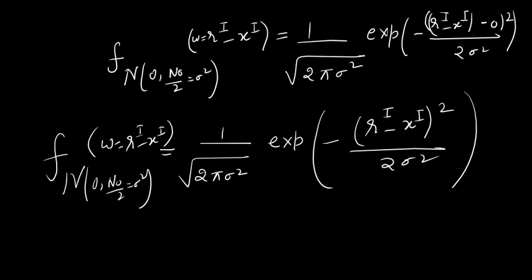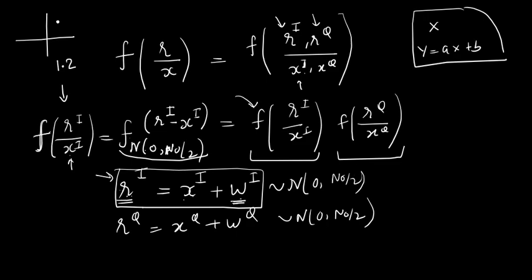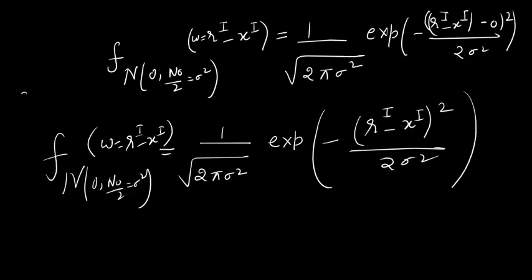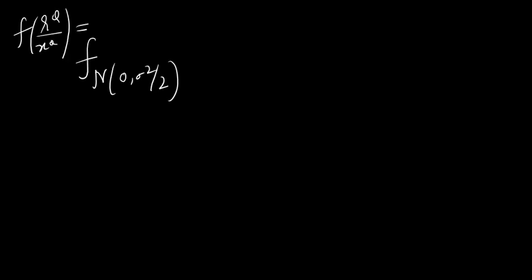As I told you, the PDF of R given xi is the same as the PDF of W evaluated at Ri minus xi. So we got this too. Similarly, you can evaluate this: the PDF of RQ given XQ will be W evaluated at RQ minus XQ.